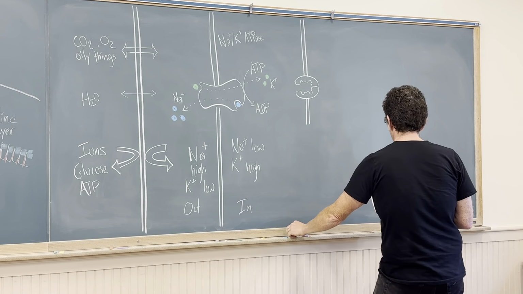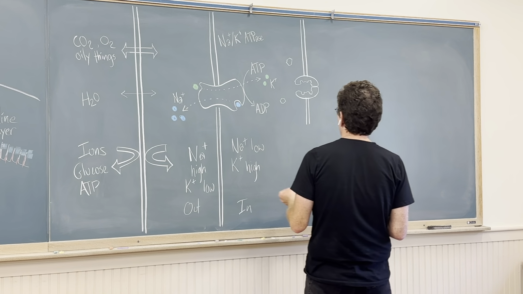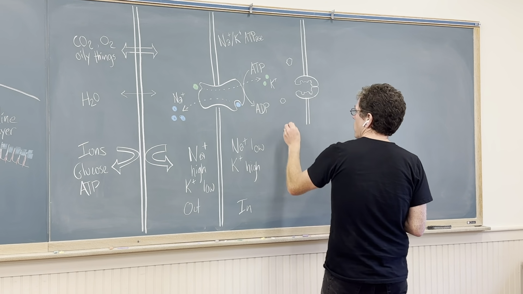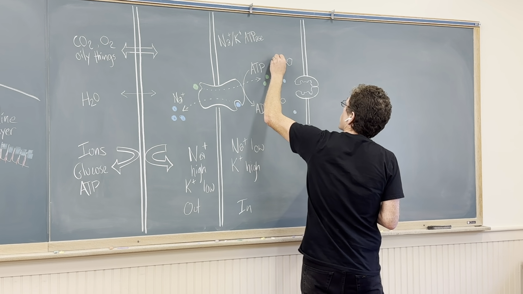And let's say it's rigged up so there's sugars high out here, digested from food or whatever. And what color were my sodiums again? I think they're blue. Sodium is blue. This is outside a cell, so there's lots of sodium kicking around out here.